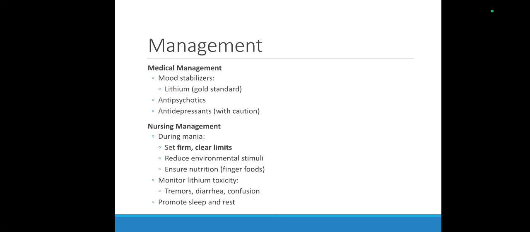You have to reduce environmental stimuli because they are at extreme happiness, so they are overstimulated. Ensure nutrition, monitor lithium toxicity, such as the presence of tremors, diarrhea, confusion, in which case you have to stop the medication. And then promote sleep and rest.